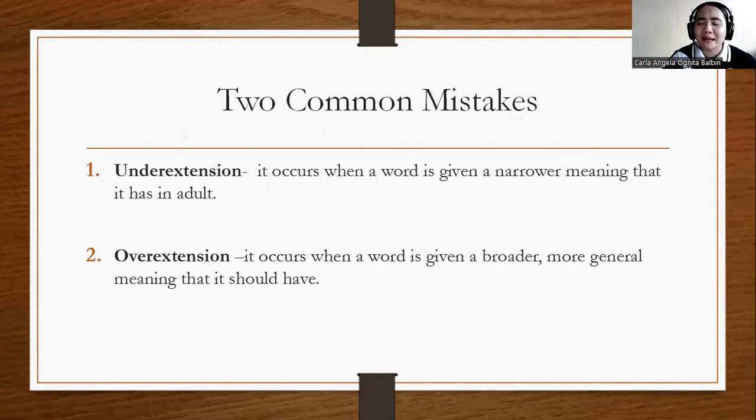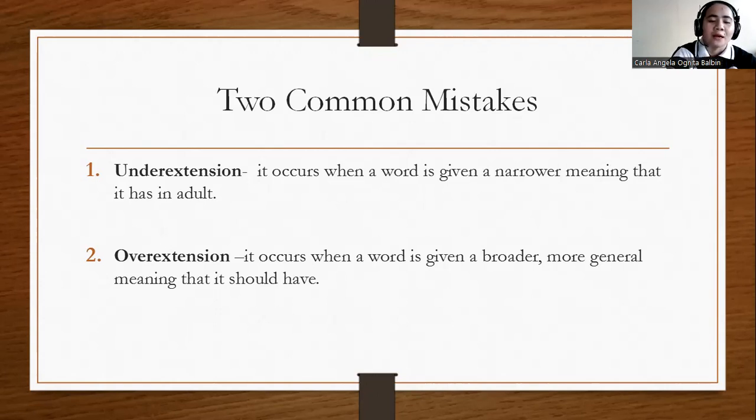It's a common semantic error made by children. For example, a child may believe that the label dog can only apply to their family pet. So there is an incorrect restriction of the use of the word.